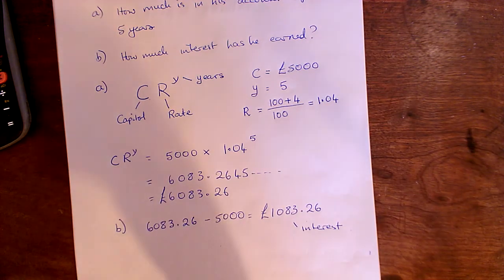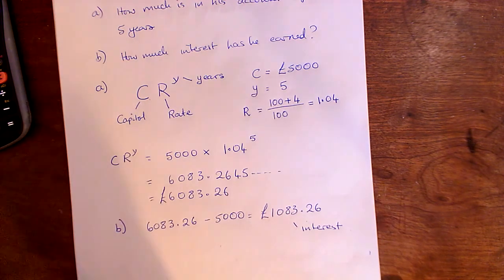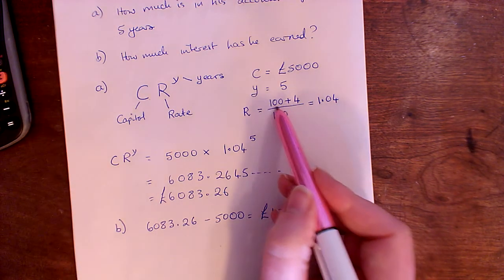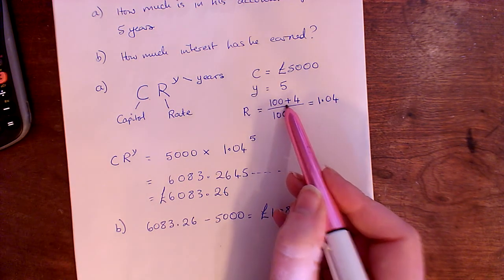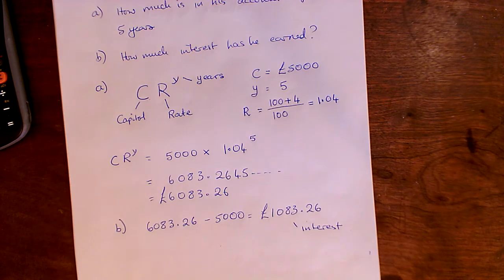It could have been a question about a car which cost £5,000 and then decreased in value by 4% every year. If it's decreasing in value, then when you're working out the rate, you start at 100% and you take away whatever it is, in this case the 4, and that would have given you 0.96 here. So this can be used to increase or to decrease.